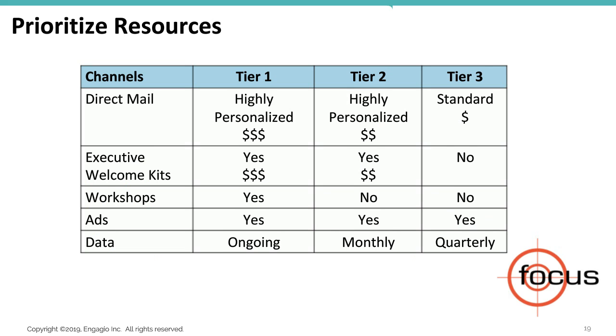Okay, another way to align sales and marketing is definitely to be very clear how you're going to use your resources, and this is one example where for different tiers of accounts, we will apply the resources that make sense for that tier. In this example, workshops will only be applied against a Tier 1 account, and that's just because you can't do in-person workshops for everyone.